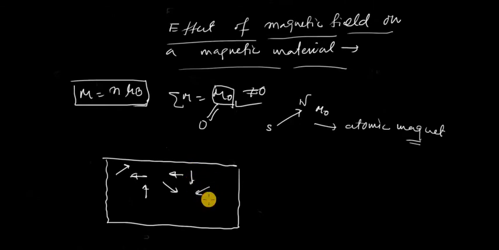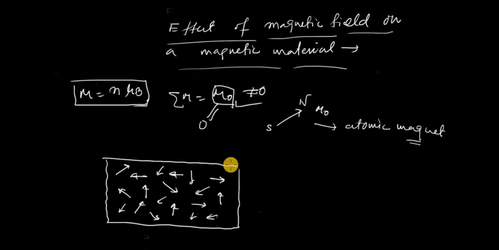Inside the sample, the atomic magnets are randomly distributed, and their magnetic moments have random orientation, like this.